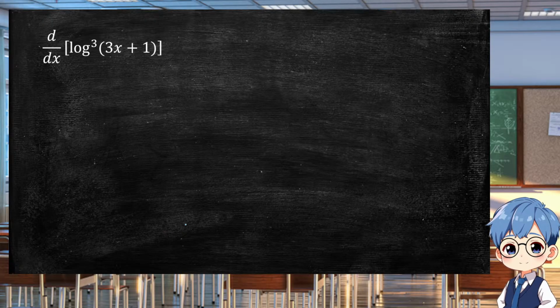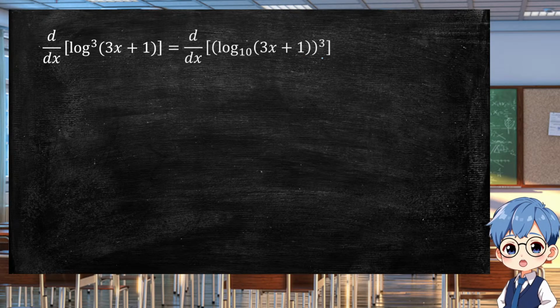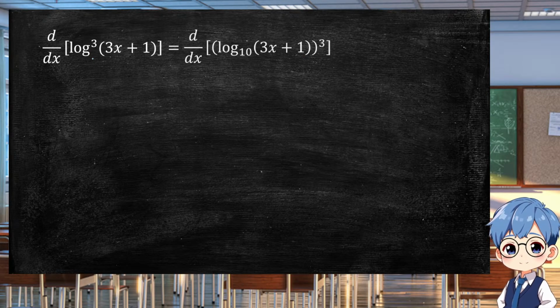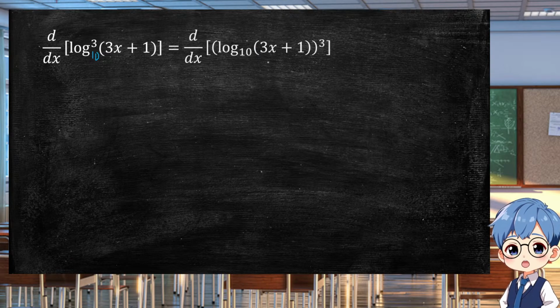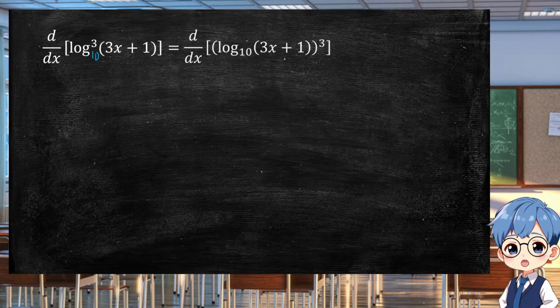Take note that this can be rewritten as log to the base 10 of 3x plus 1 to the power of 3. Because again, if there's nothing written in the base of log, it means that the base is 10. And of course, this 3 here is actually the exponent of the entire logarithmic function.